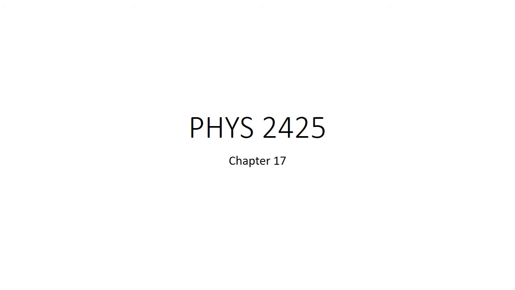So let's do an example here with the Doppler effect. So we got a road. We got a blue car driving along, and let's say the blue car is moving with some velocity of 31 meters per second.